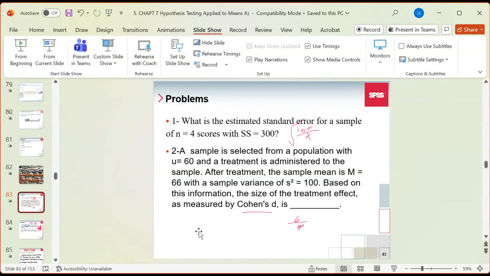And then this one asks, what is the estimated standard error for the sample?